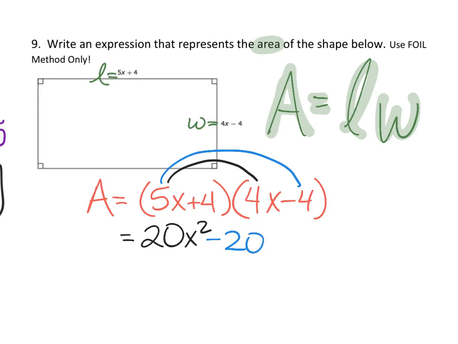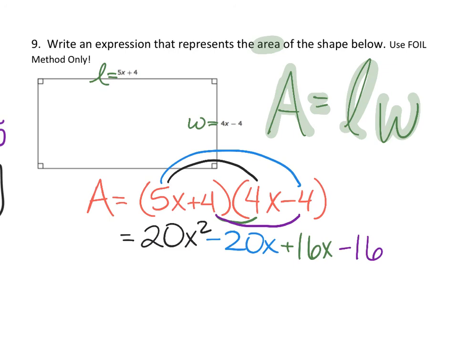Negative 20x. Then I multiply the insides. 16x. Remember, we're multiplying, not adding. And then multiply the lasts. 4 times negative 4 is negative 16.